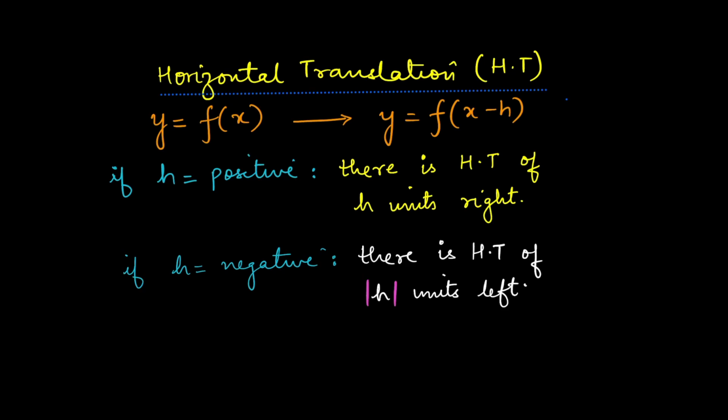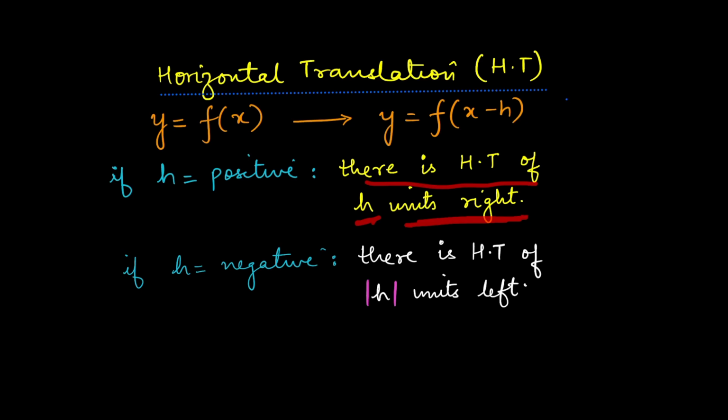Now again we see here, in this horizontal translation, the function y is equal to f(x) changes to y is equal to f(x minus h). So x is replaced with x minus h, and if the h value is positive, we describe it as a horizontal translation, always written as HT, of h units to the right.